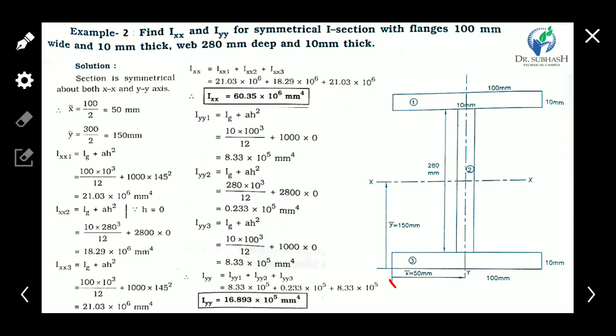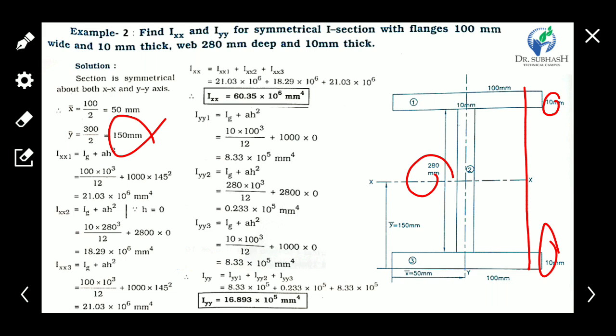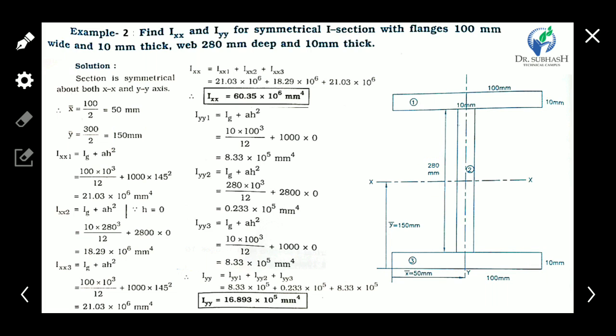X bar is half of the x dimension, half of 100, so 50 mm. Y bar is half of the vertical distance: 280 plus 20, so 300 by 2, 150 mm is y bar. So x bar and y bar we calculate easily.